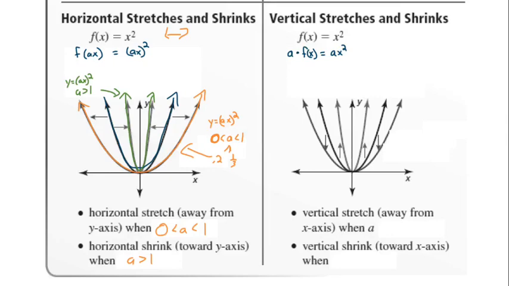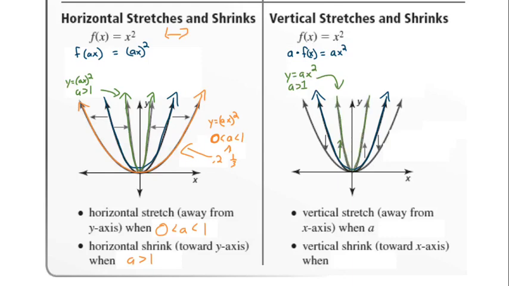So again, here's your original. What happened is, if I take y equals a times x squared, and a is greater than 1, it's actually this guy right here, because you are taking all of these points and stretching them upwards.